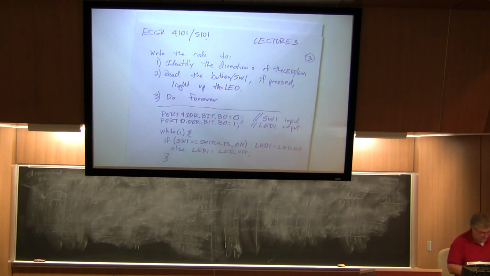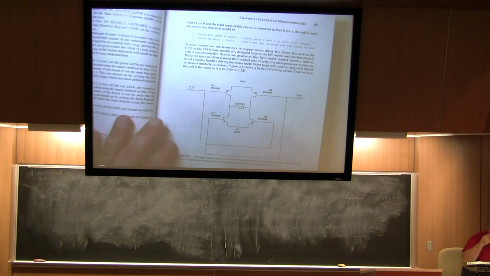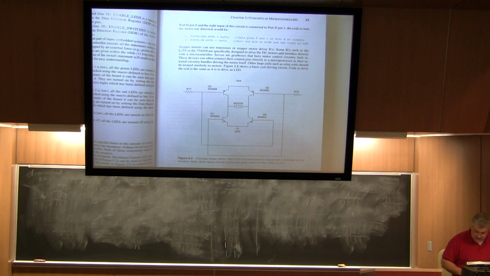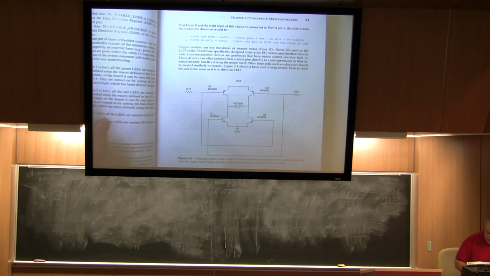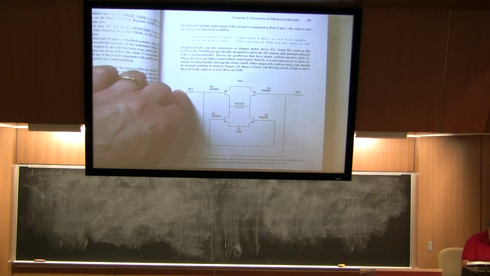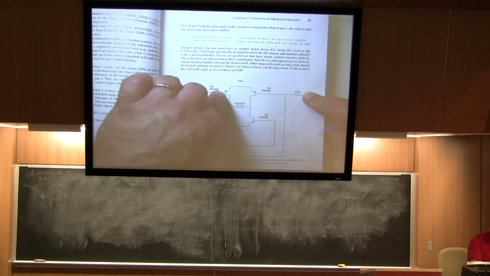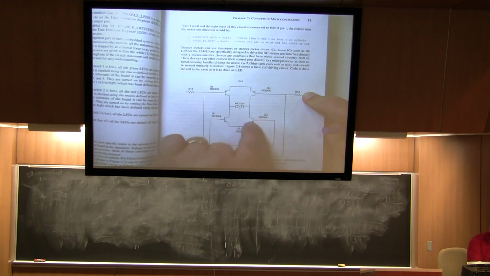So here we go. Here's an example of an H-bridge. The neat thing is, what you do is you control two of these outputs from a microcontroller. And notice what it does. It drives two transistors.